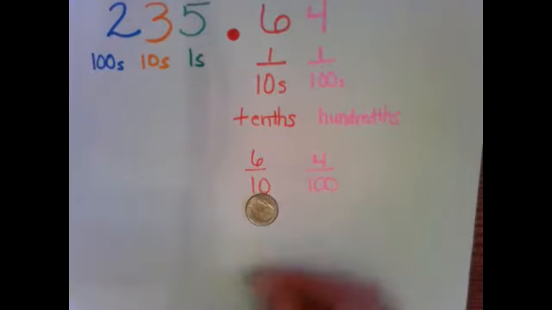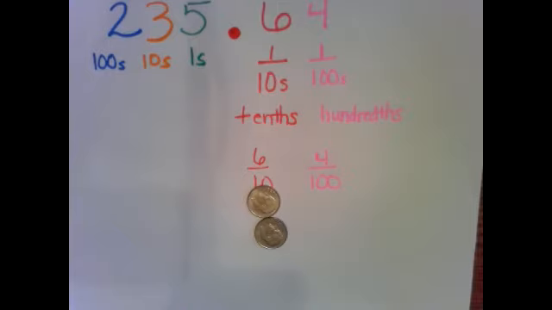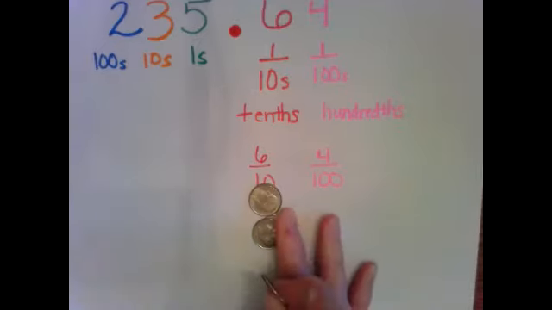It is 6 out of 10 dimes needed to make a dollar. So 6/10ths is 6 out of 10 dimes to make a dollar.